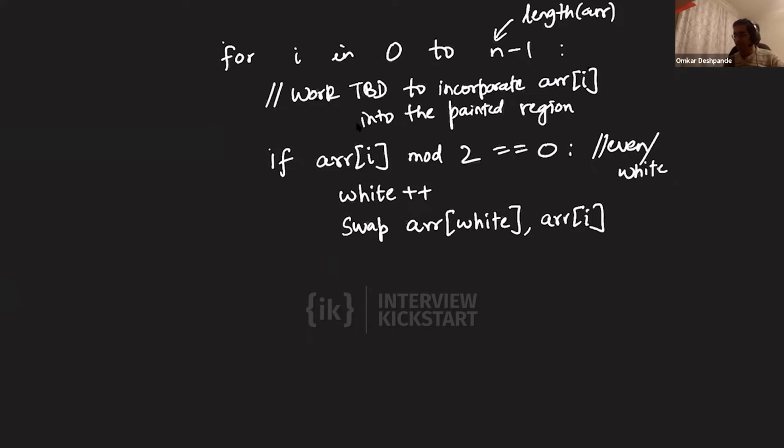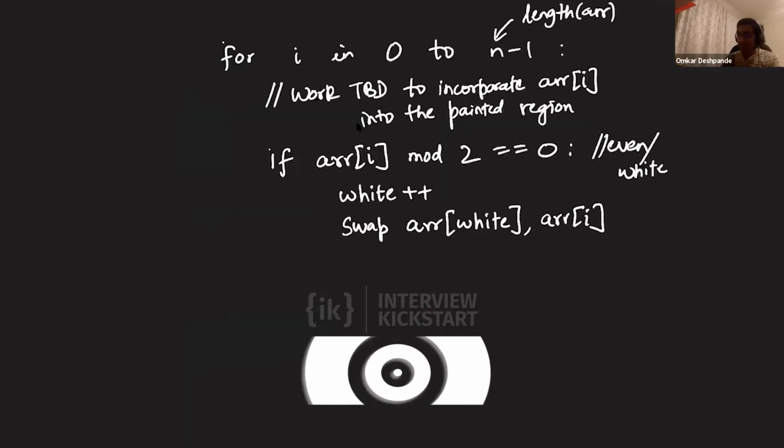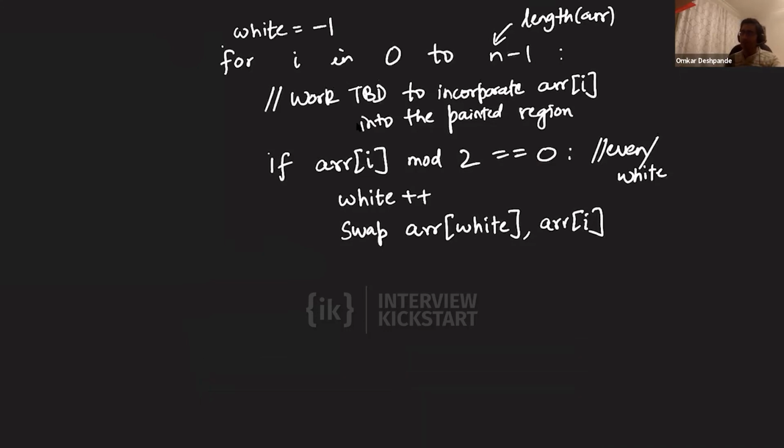Now, what is this white value initialized to? Well, when i is 0, when the leaf level worker is focused on the number i equal to 0, there is no white or red region to its left. So if we always have this invariant that the white pointer points to the rightmost white number, the white pointer should start out at -1, because there is no white number to start with.